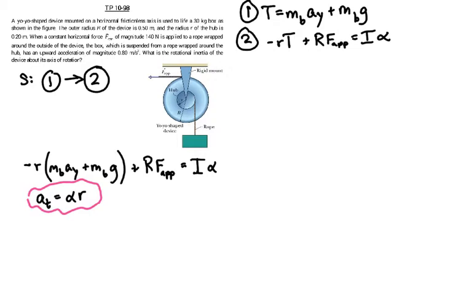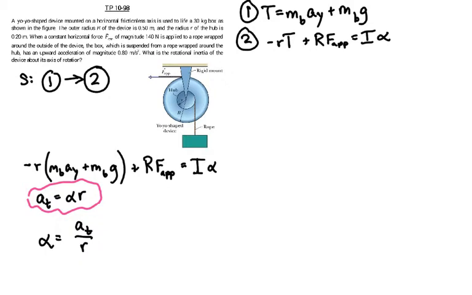So the angular acceleration of our inner hub is going to be equal to the angular acceleration of our outer hub, as you may remember from the demo we did in class with the magnets. And so alpha is equal to a sub t over little r, because that is the tangential acceleration we have at little r.